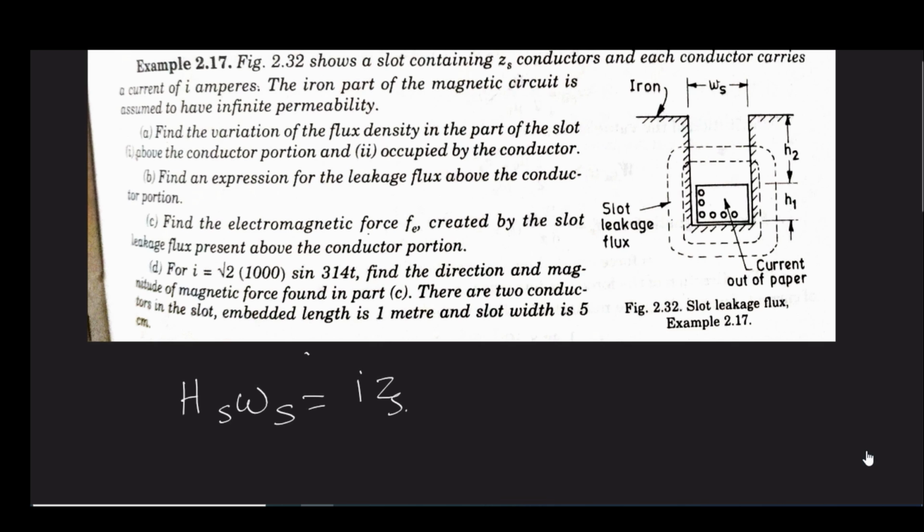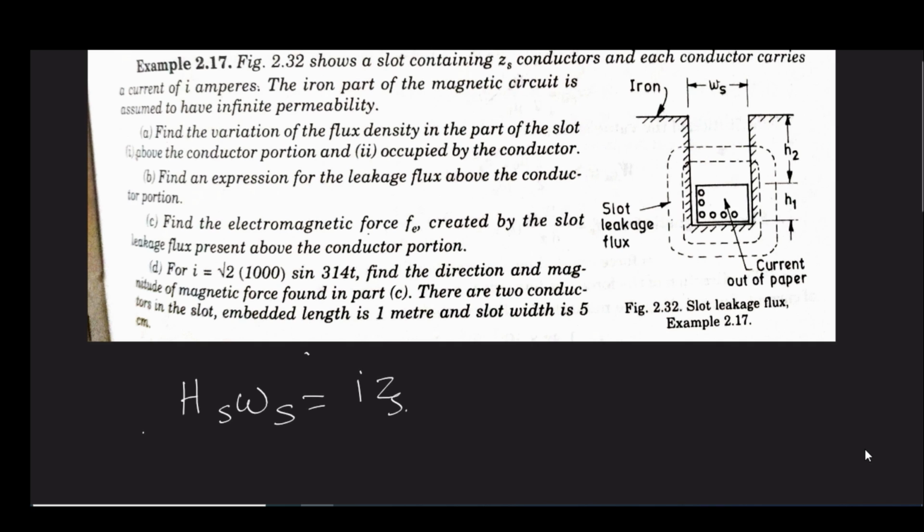So it is I into ZS, where IZS is the total MMF, and this one, H, is the magnetic field intensity, whose unit is ampere turn per meter.